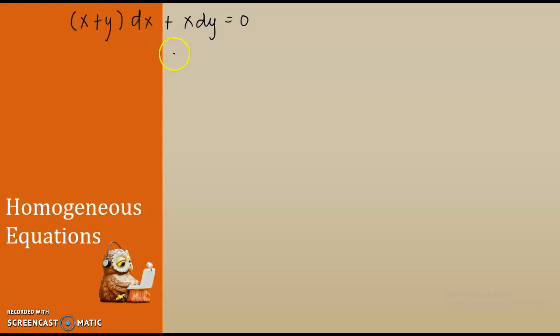Okay, consider the differential equation of order 1. We have M of x y dx plus N of x y dy is equal to 0, where both M and N are homogeneous functions of the same degree in each term involving x and y.